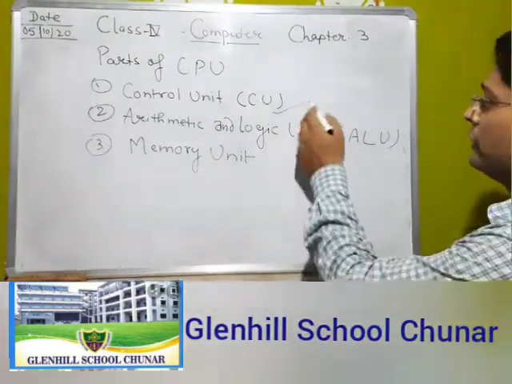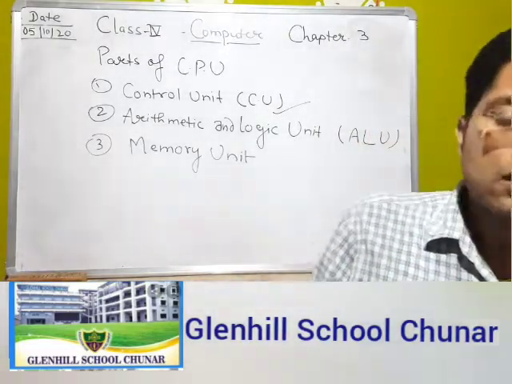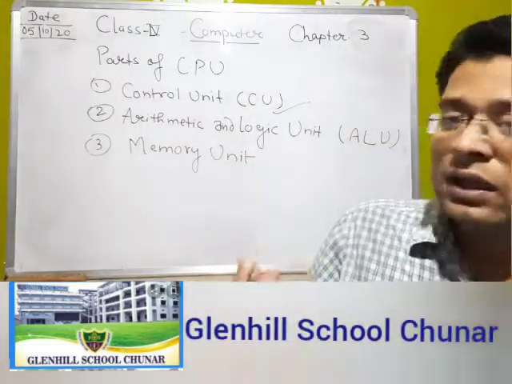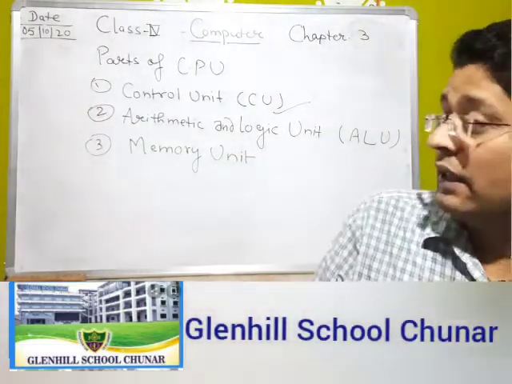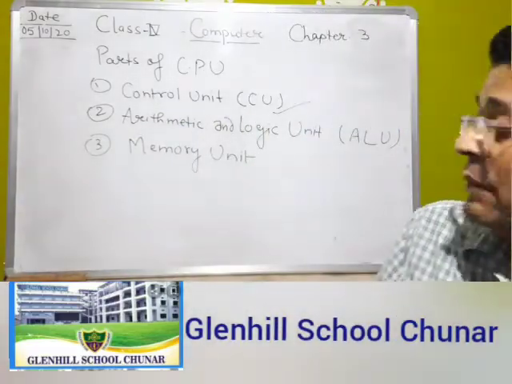So, the control unit, let's see the first. The control unit controls the functioning of different parts attached to the computer. It gives instructions to transfer data from the input device to memory, the primary memory.